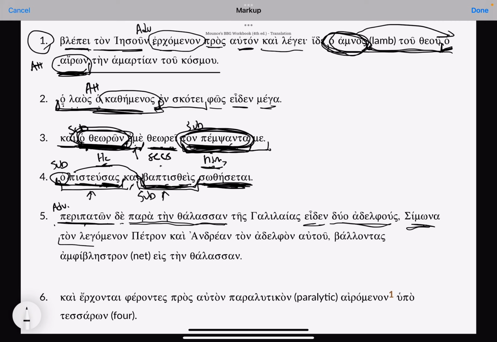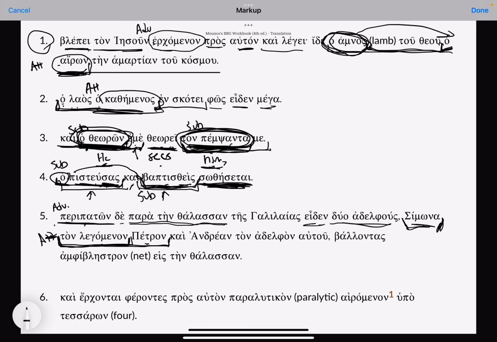Simon ton legomenon Petron. You'll oftentimes see this, the one being called Peter, and in this case you have another substantival participle. Well, I suppose what we could do here, this is actually functioning as modifying Simona. So I don't think I would put this one on the test, but the idea is that this is attributive because it's modifying Simona.